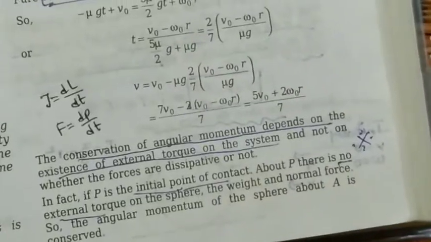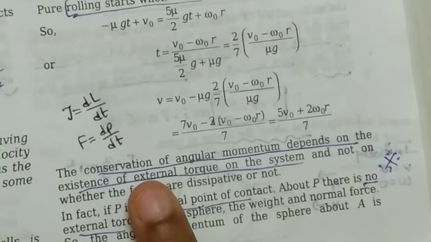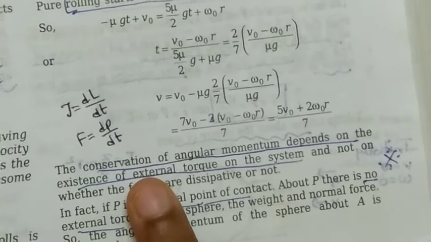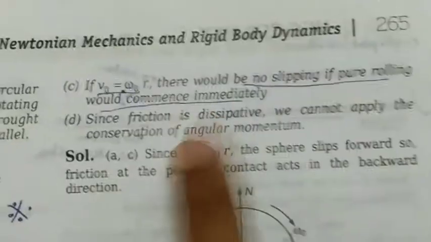So that is the thing we are saying here. So here this point is also a mistake. They are saying frictional force is acting, so we cannot apply conservation of angular momentum, but we can apply it, because the torque acting on this is zero. So here it is given.